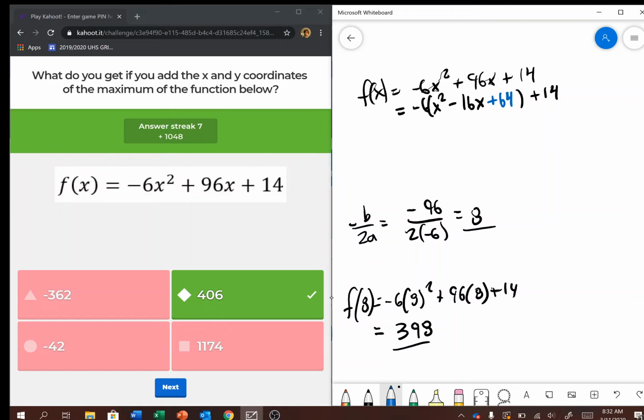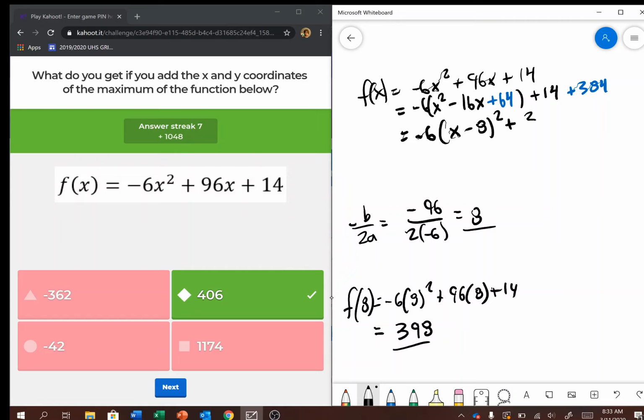Everything inside the parentheses is being multiplied by negative 6, so I need to add 64 times 6, which is 384, to balance the equation. That results in x minus 8 quantity squared, plus 14 plus 384, which is 398.